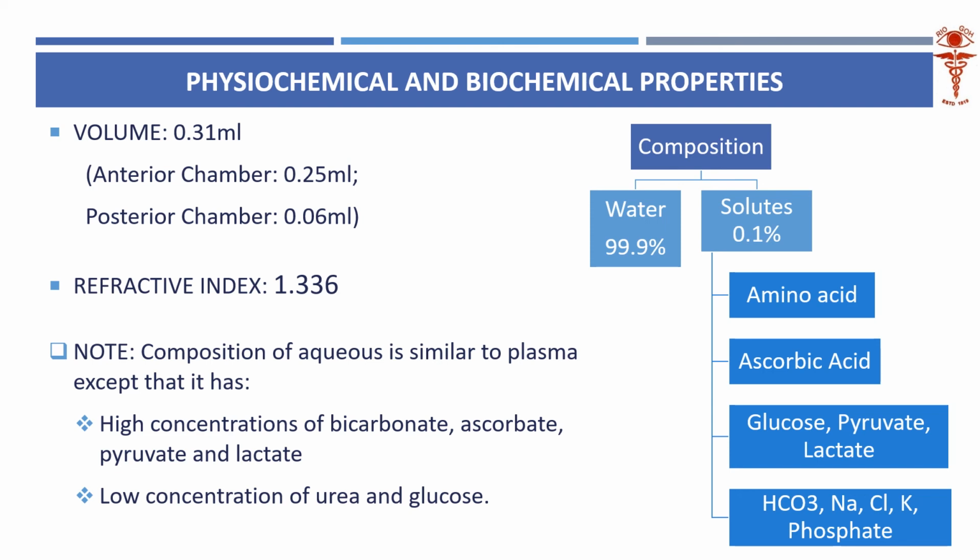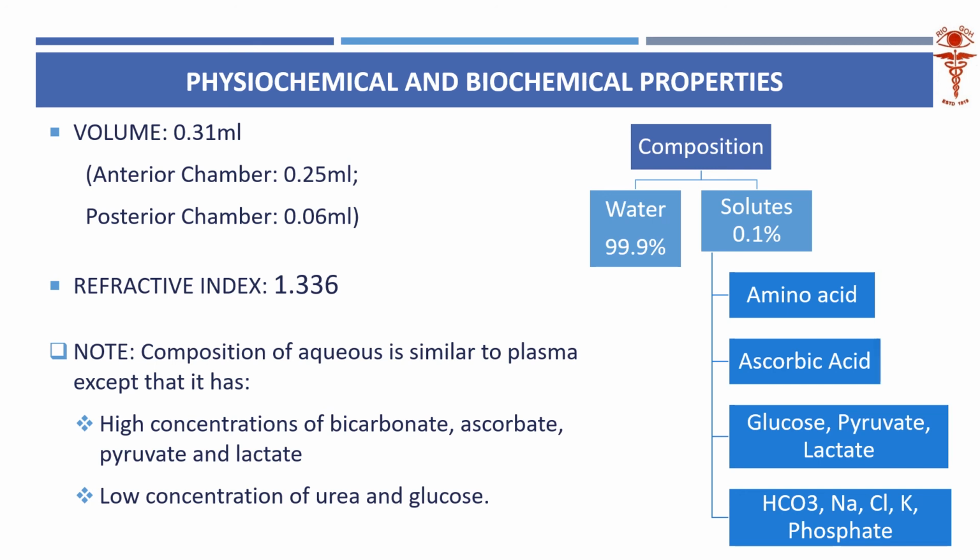Lactate, because of anaerobic metabolism, a lot of lactate is generated, aqueous takes it, so it is high. Glucose, though it is there in the aqueous, the hungry lens and the cornea get nourished by aqueous, so they take out all the glucose from the aqueous. So aqueous has very little glucose, and very high levels of bicarbonate, ascorbate, pyruvate and lactate.